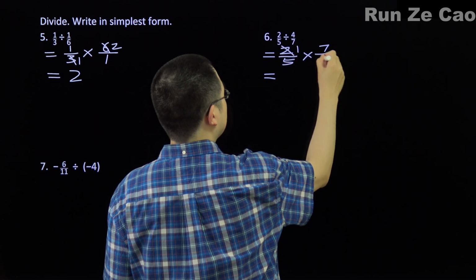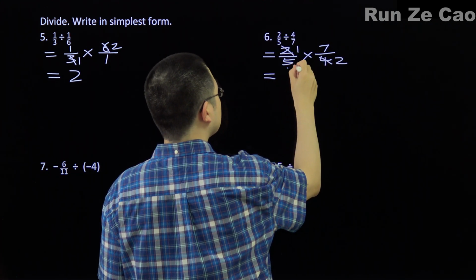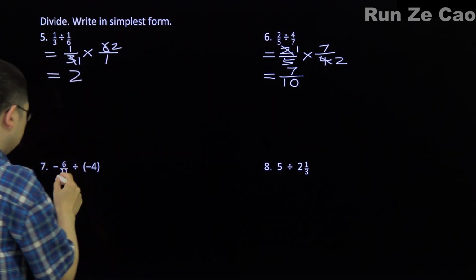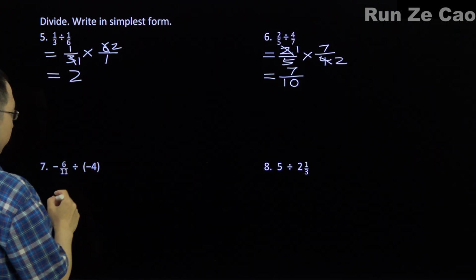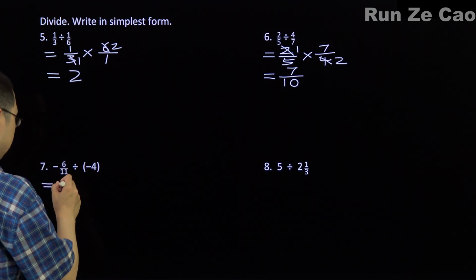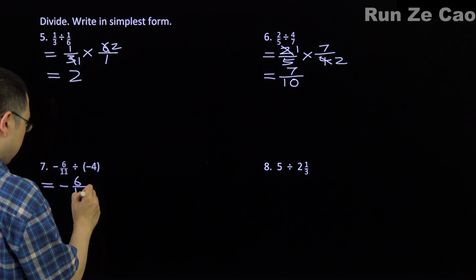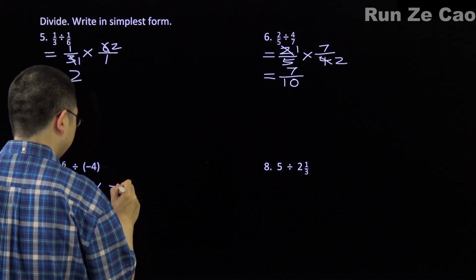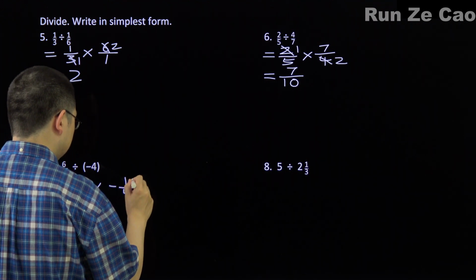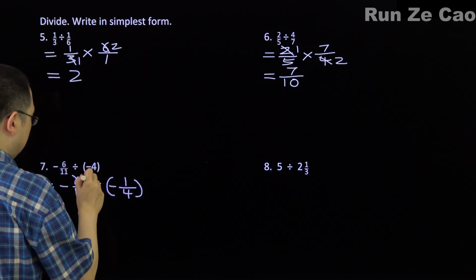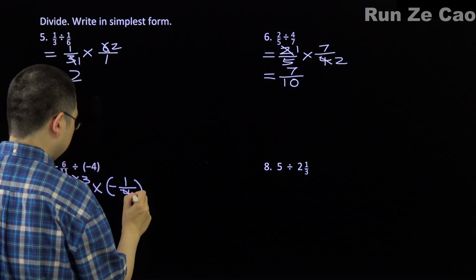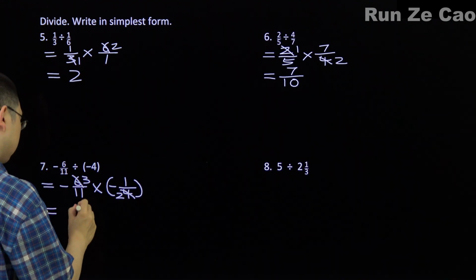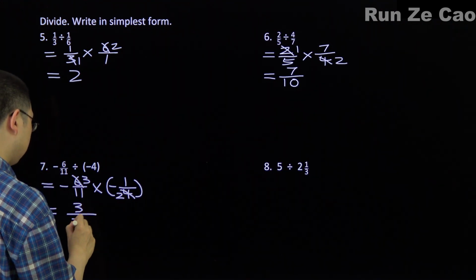Well, that cancels. 7/10. -6/11 divided by -4 is equal to multiplied by -1/4. And the 6 would cancel out to a 3, and the 4 would cancel out to a 2. Which means we're going to be left at 3/22.